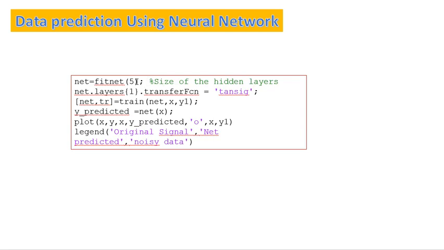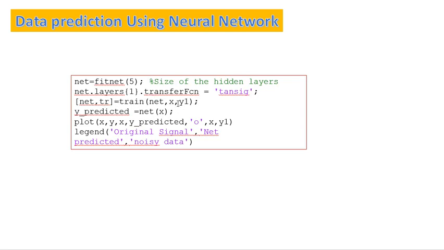You can choose whatever you like, and you can optimize this number by choosing 10 hidden layers or less, and seeing what the error is. You can also choose the layers' transfer function. Here we choose the sigmoid transfer function, tansig.